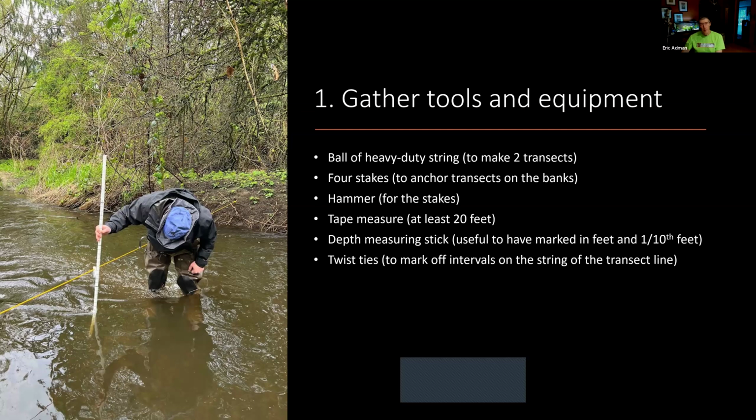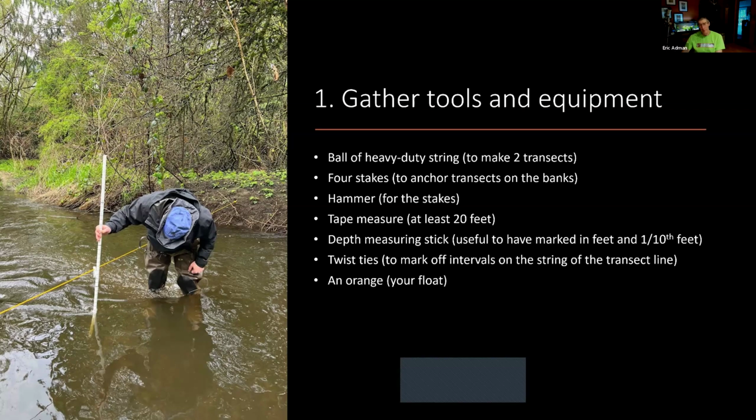You need something so you can mark intervals on the string of the transect, so you can essentially set some even intervals to take your measurements. So you can use twist ties or clothespins or whatever works, or knots in the string. And you need something to use as a float. A lot of times people use an orange because it's sort of neutrally buoyant.